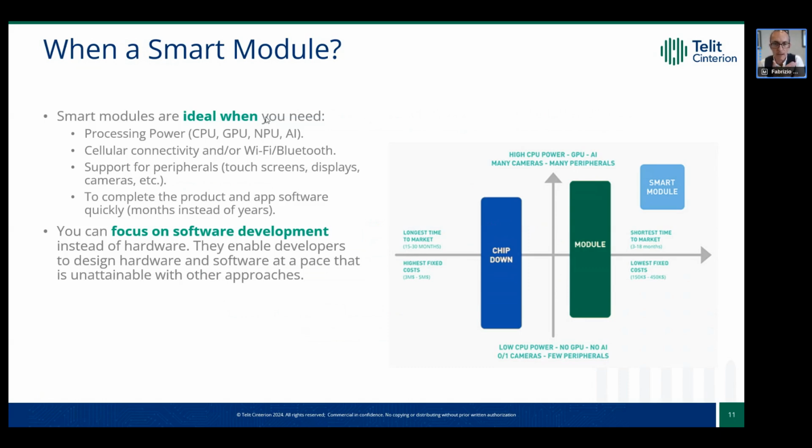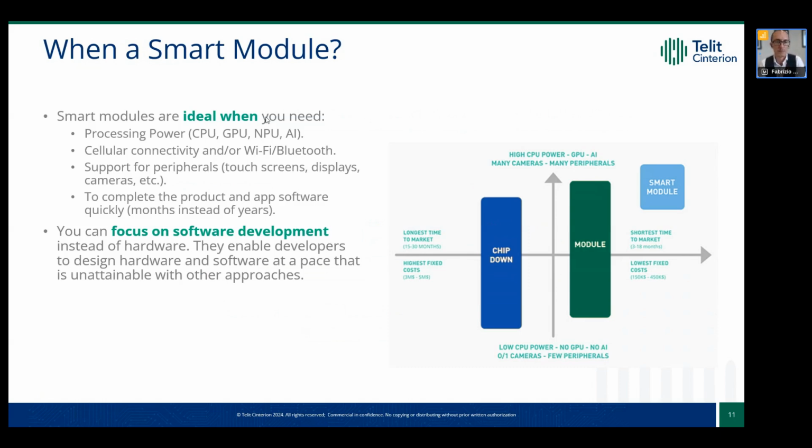In the above part, we have a system with a high CPU power, a GPU, AI-specific hardware, support for many cameras, many peripherals, and so on. In the lower part, we have instead, on the contrary, a system with low CPU power, maybe no CPU, no AI capabilities, maybe no cameras to support, few peripherals to support, and so on.